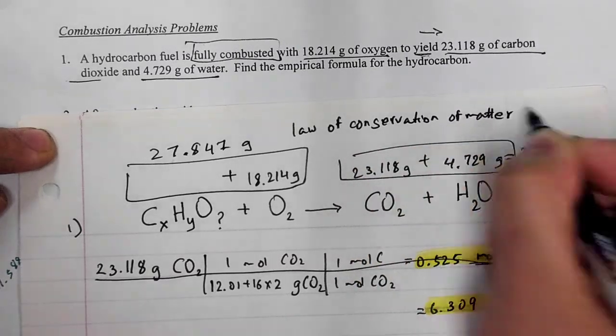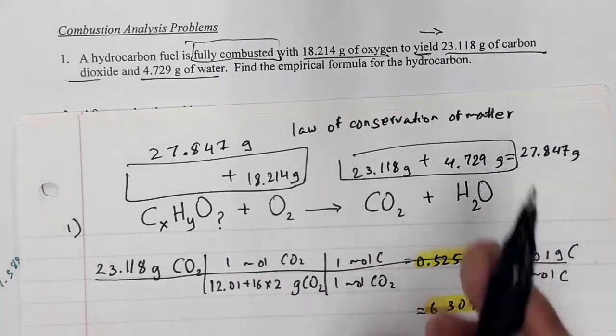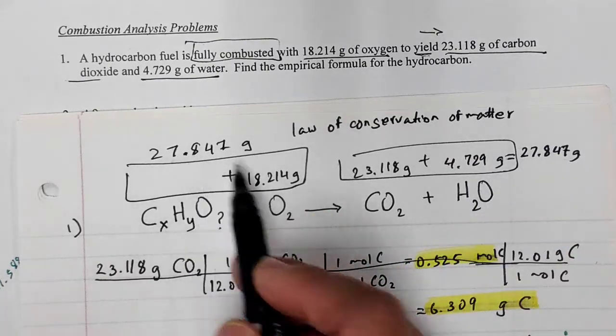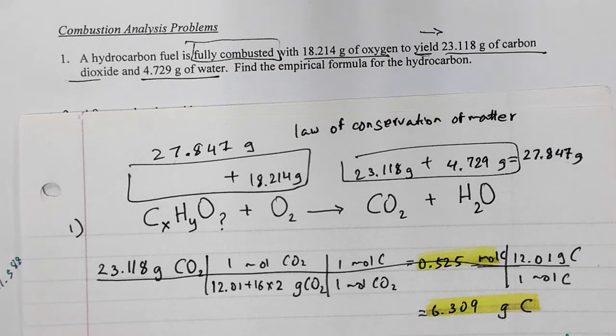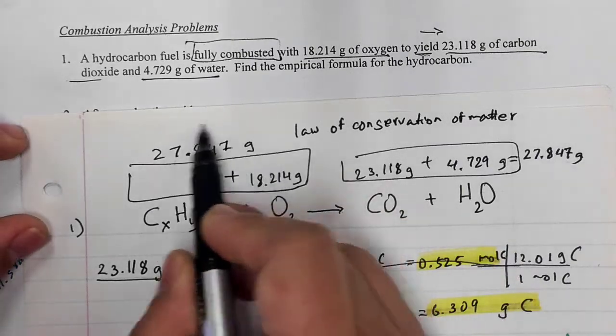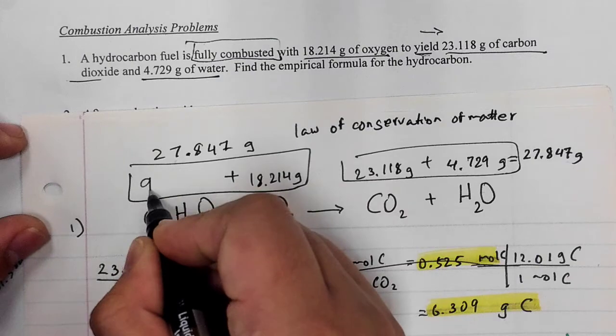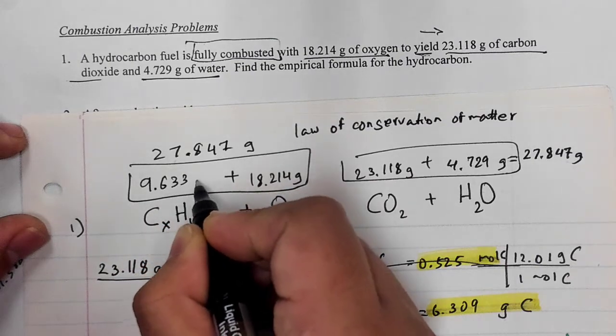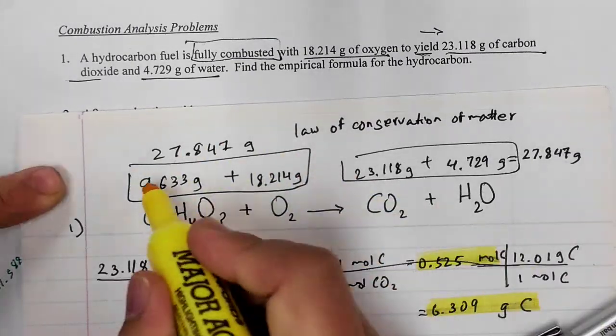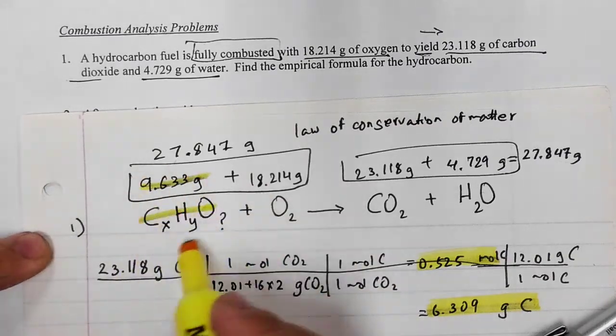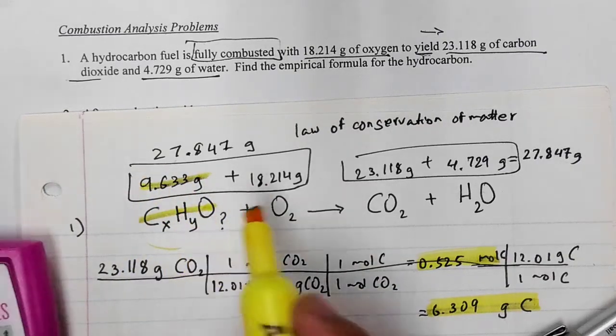Product and reactant should be the same. So all I'm going to do is subtract, 27.847 minus 18.214, and I get 9.633 grams of this. So now I'm going to use this to find if there is any oxygen.